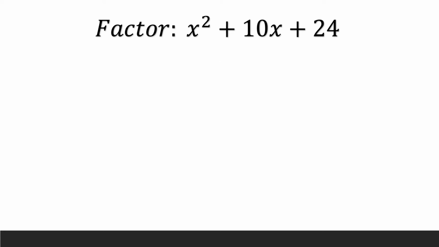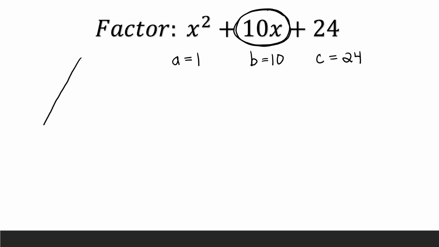So let's go back to factoring x squared plus 10x plus 24. For this quadratic, we have that a is equal to 1, b is equal to 10, and c is equal to 24. In order to factor this expression, we need to split up this 10x. And we need to split it up into 2 numbers that when we add them together, the sum is 10, and when we multiply those 2 numbers, the product is 24.